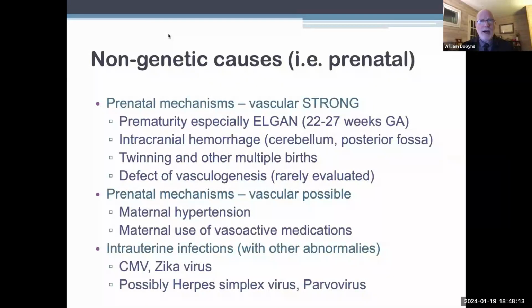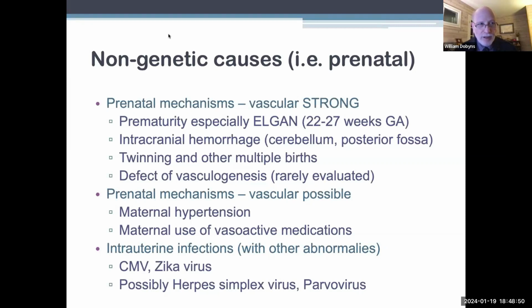All right, and so what I was able to identify by spending a lot of time going through 100 brain scans and all of the clinical data were this. There are several important prenatal mechanisms or causes of cerebellar abnormalities, and you can recognize them sometimes by history, and more importantly for you all, sometimes by patterns on the brain MRI and possibly on prenatal ultrasound. So what are these? First is prematurity, but especially extreme prematurity, 22 to 27 weeks.